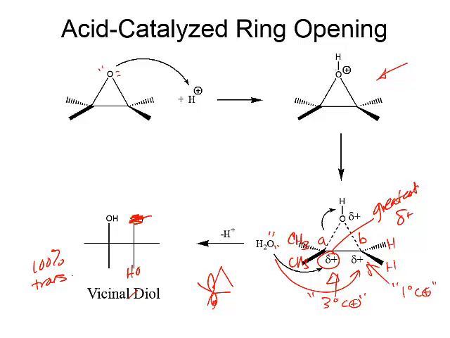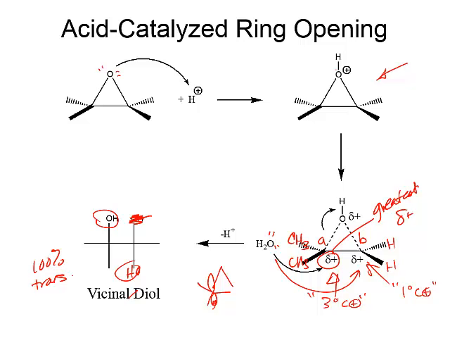So the end result of acid-catalyzed ring opening, with H plus H2O on an epoxide, is you've now added two OHs trans. You've got two carbons, and two OHs that are trans to each other. And you may ask, how does this relate to the double bond, Markovnikov?